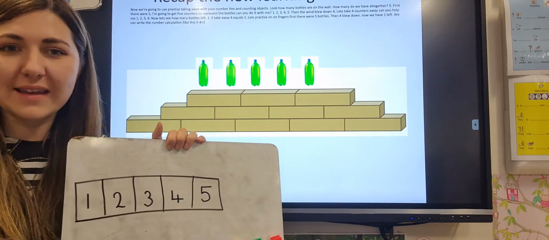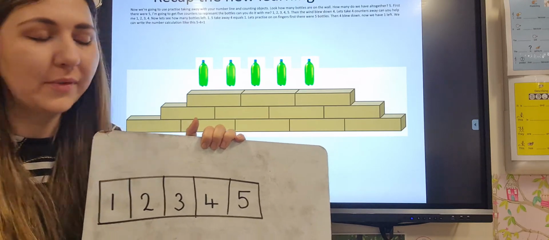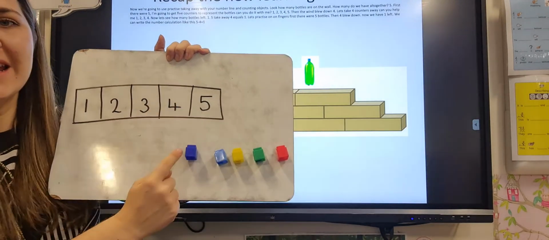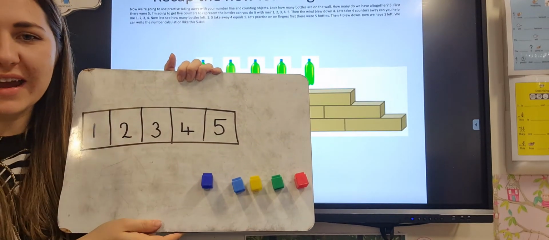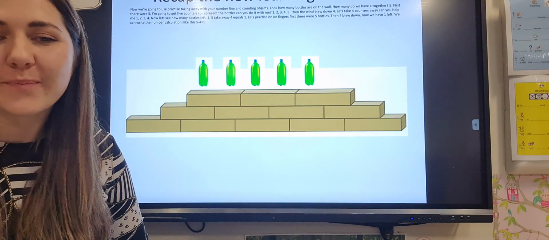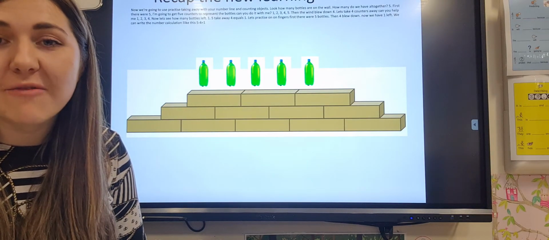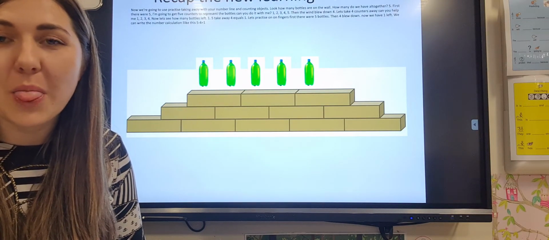We're going to practice solving our takeaway problems using a number line and some counting objects. Listen to my story. First, there were 5 bottles standing on the wall.